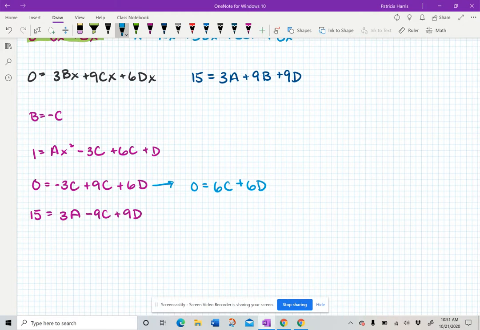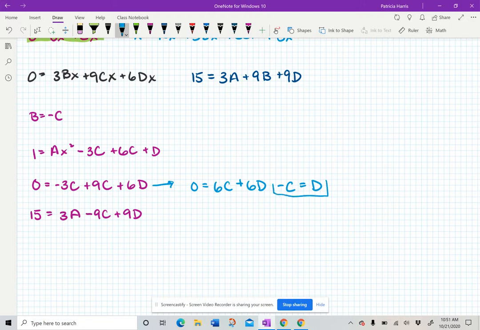Okay, so if you think about that, that means that c, negative c, is equal to d. So we actually have a nifty little equality going on here.